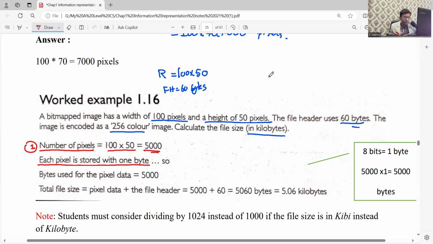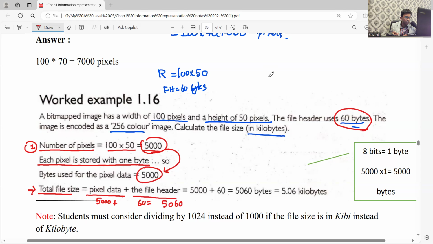So for example, if 5,000 pixels are being used, that would mean that 5,000 bytes of data are being used. For calculating the total file size, I'm going to add my pixel data, which is 5,000, plus the file header size, which was given right here as 60 bytes. If I add it together, the final answer is going to be 5,060 bytes.